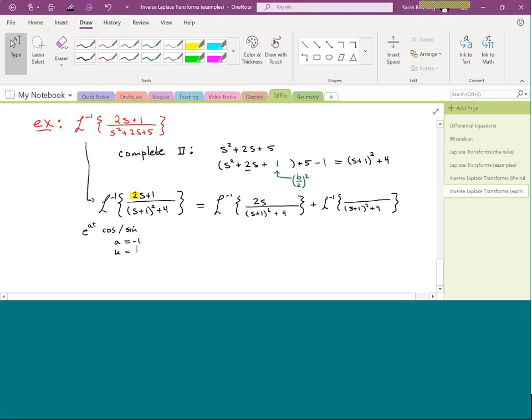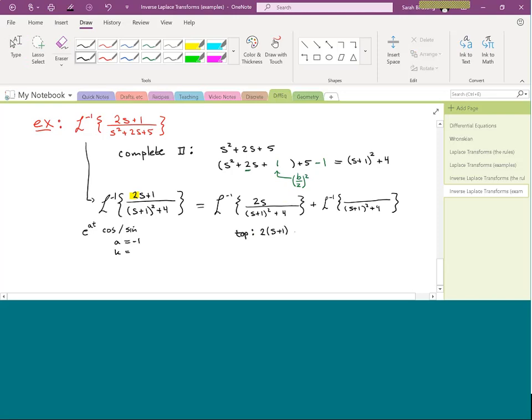So if it was a -1, it'd be +1. If it's +1, it'd be -1. Now, what does that mean? This means that you need an s minus a on the top. In other words, you need an s plus 1 on the top. Except we also want to factor out the 2. So if we want to factor out the 2, the top actually needs to be 2 times s plus 1.